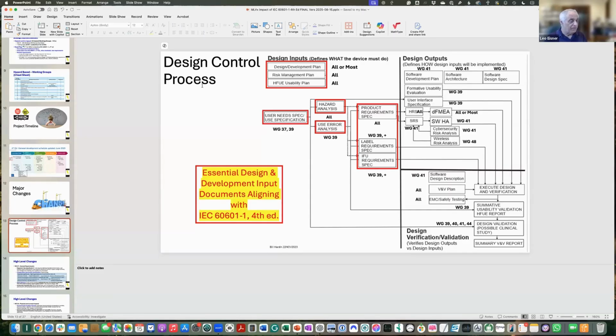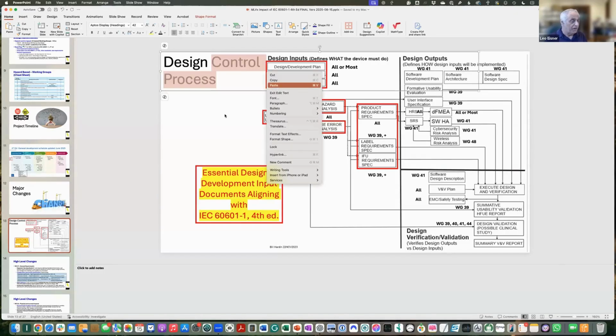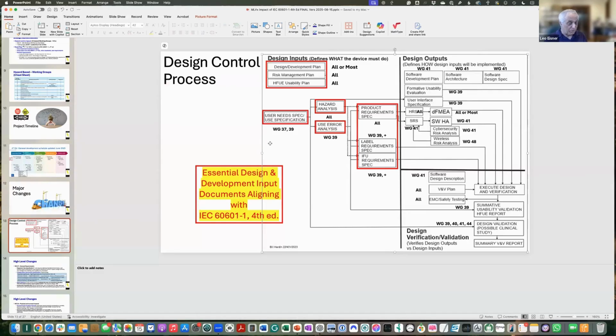So this is my diagram. Actually, it's my associate's diagram of the design control process. So you have your design inputs over on the left side, design outputs on the right upper corner, and V&V on the right-hand bottom side. And it's obviously a summary. So if you look, you have your user needs and user specification, use error analysis. That's all usability-based items.